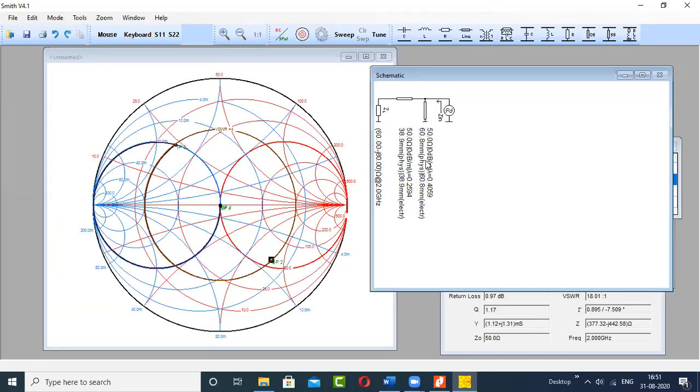Okay, means in total there will be 1 Smith chart and 1 circuit. So if there are 2 solutions, then 2 Smith charts and 2 circuits.